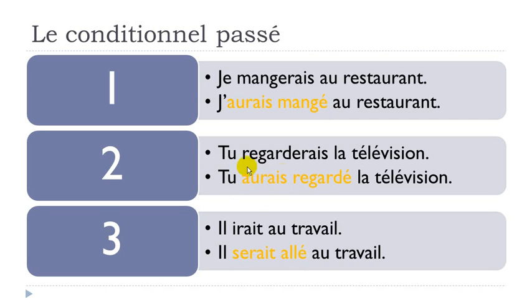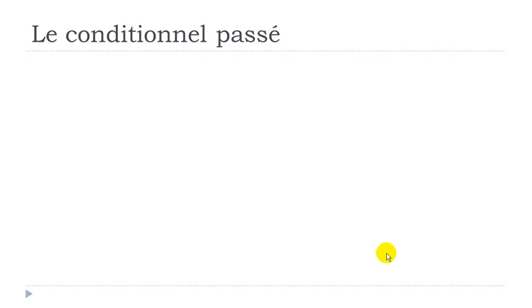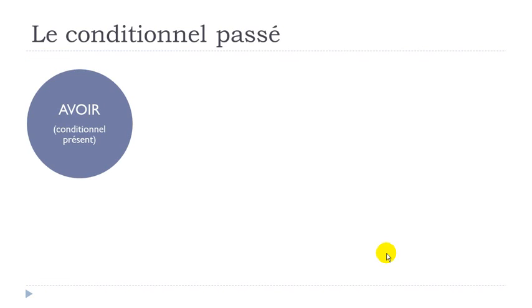Here the same way, have a look. It's avoir and then it's the past participle, regardé. And here we've got être and here we've got the past participle. So if you want to construct this conditionnel passé form, you will first have to use avoir, but then avoir should be at the conditionnel présent form.